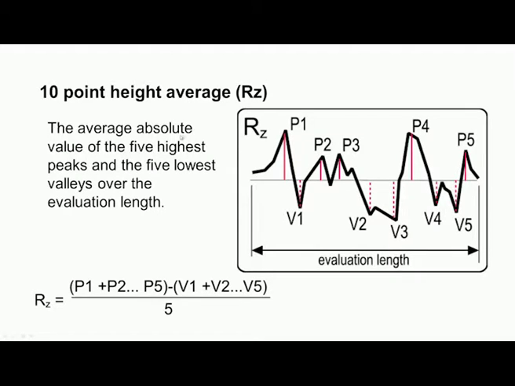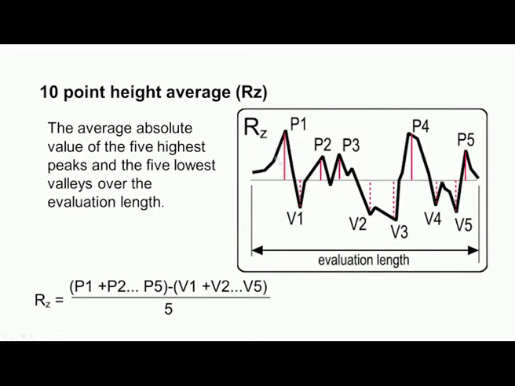And we have another parameter, 10-point height average, which is also known as Rz value, Rz parameter. Again in the evaluation length, we have to consider 5 peaks. You can see here in this profile P1, P2, P3, P4 and P5. 5 highest peaks are considered within the evaluation length. Similarly, 5 lowest valleys are considered. You can see here V1, V2, V3, V4 and V5.